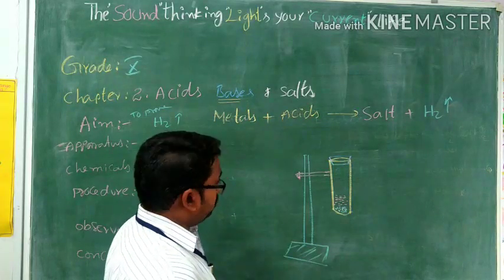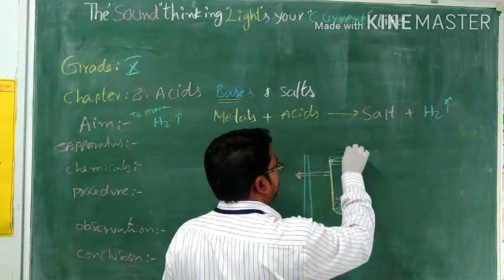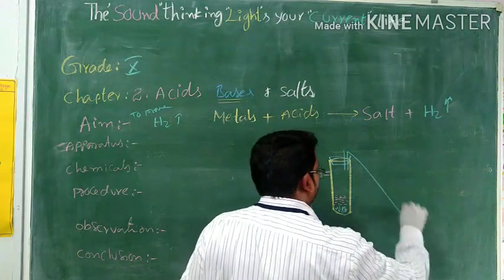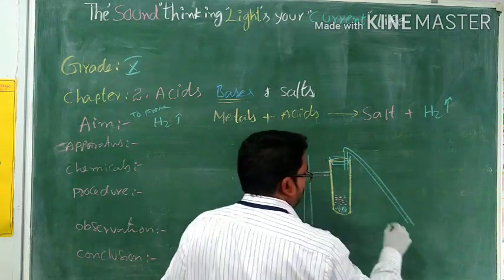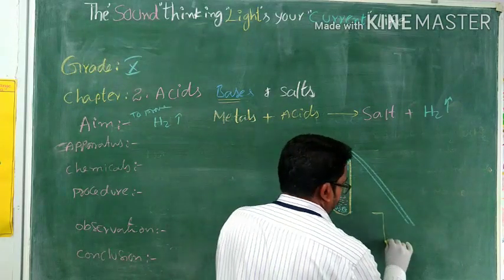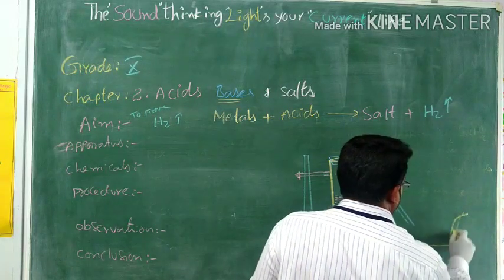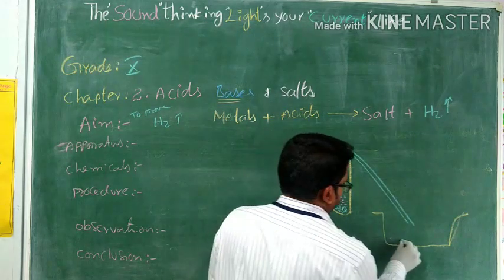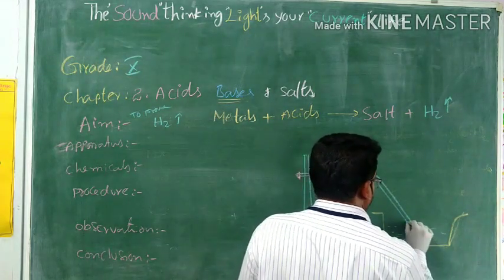Now it is a monohole rubber stopper, a single hole rubber stopper, and one delivery tube inserted like this into a container and a trough like this. The trough has soap solution.